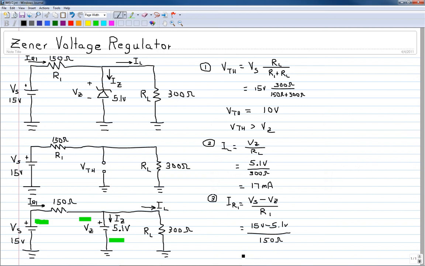This yields a current IR1 of 66 milliamps.